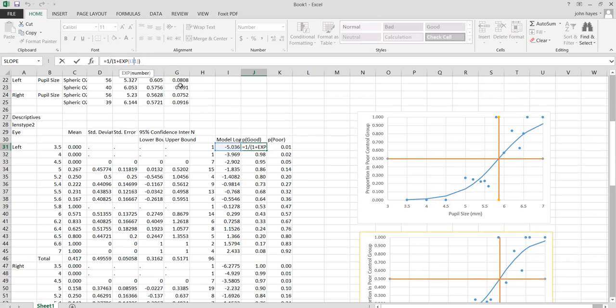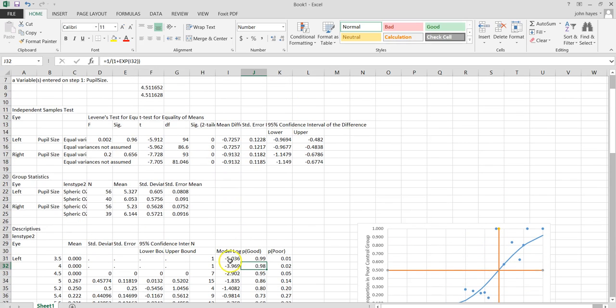This was our result, the logit, the model answer from the whole thing. We could have just as easily put the model equation inside that value, but I separated them for ease.